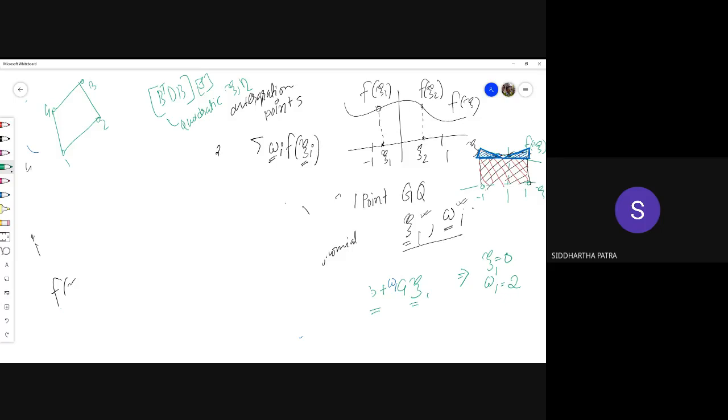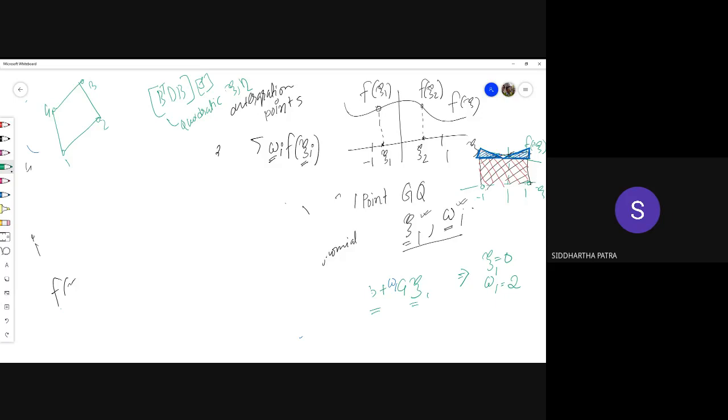That situation is when the physical quadrilateral is indeed a parallelogram; if it is not, it is a different situation. But even if it is a parallelogram, how many Gauss points do we need?